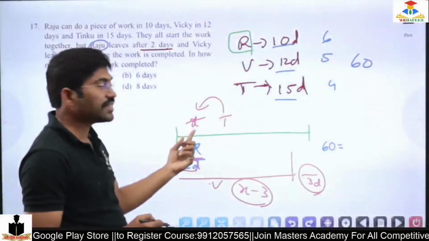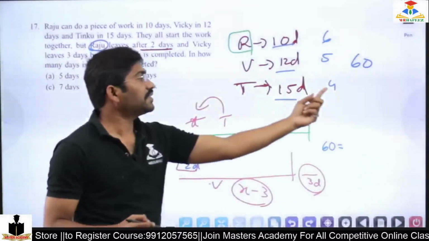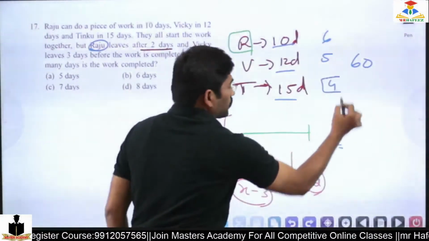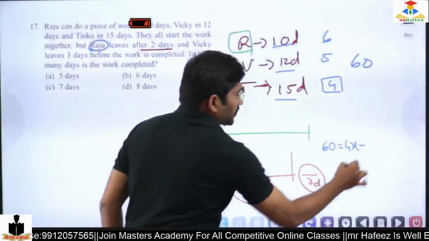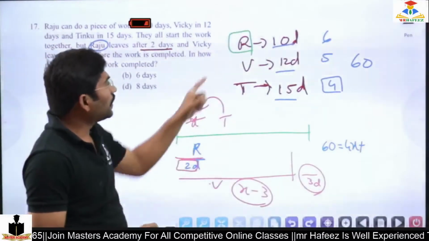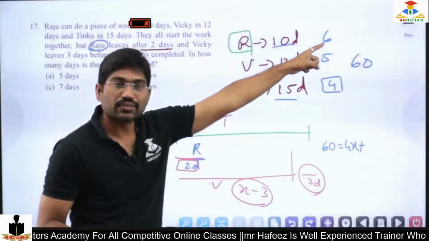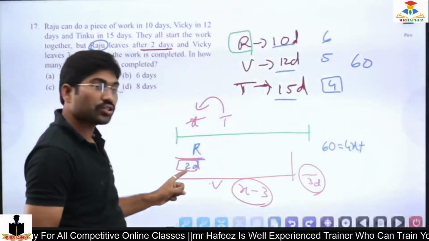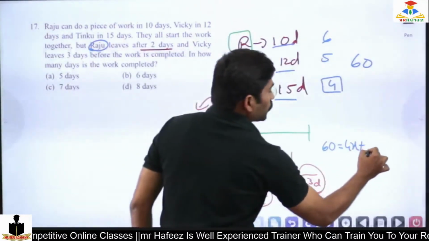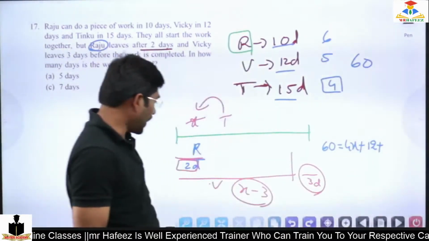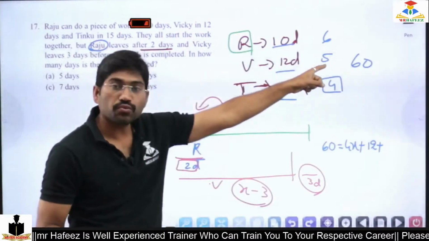Tinku for how many days? X days. Each day he will do 4 works. So 4x plus. And Raju will do 6 works, 6 times 2 is 12 plus. And Vicky will do 5 works.